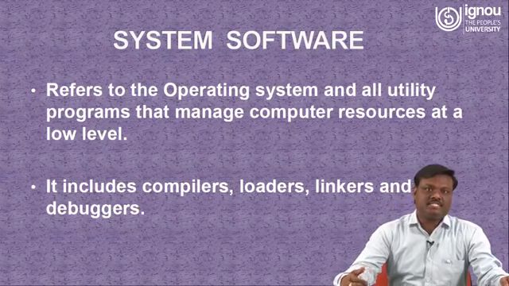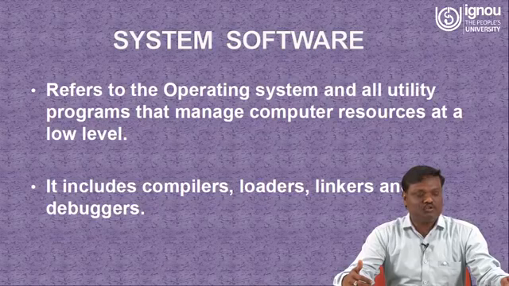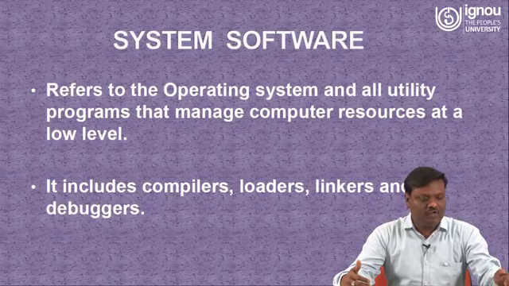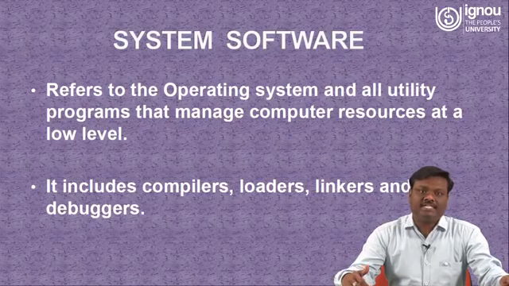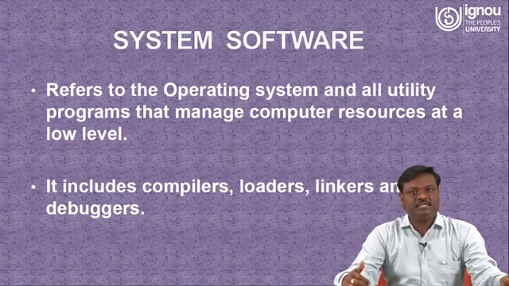Then comes the system software. In software, as we know, there are two parts: one is the system software and the other is the application software. This particular thing we already saw in the first semester courses.